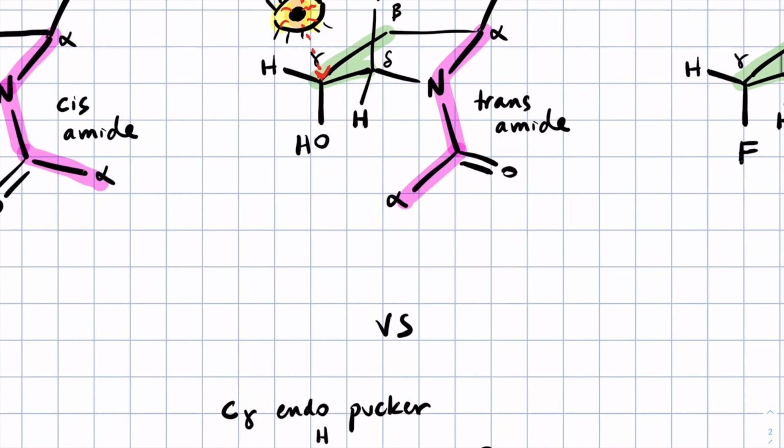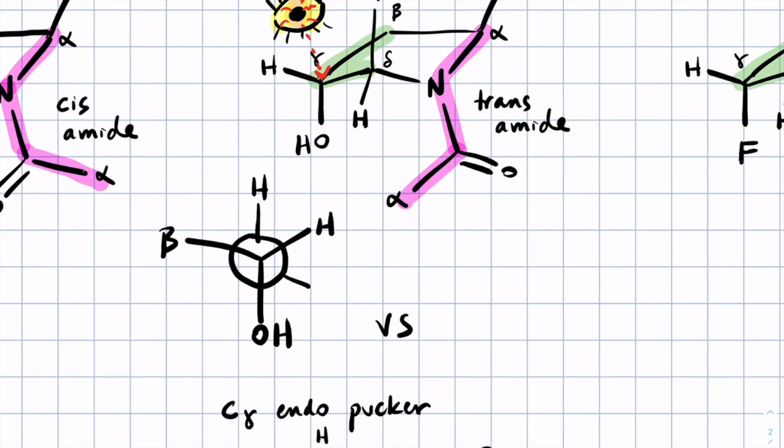And so put yourself back there and let's imagine what we would see. If we were back there, the hydrogen would be coming out to our right, the OH group would be going down, and then to our left would be the beta carbon. In back, on the delta carbon, we'd have a proton going up, another proton going out to our right.